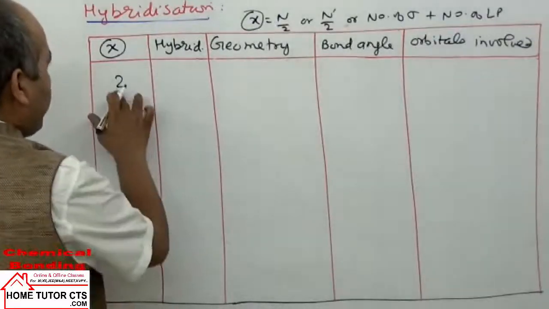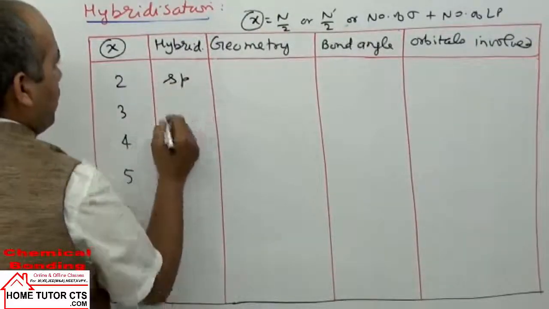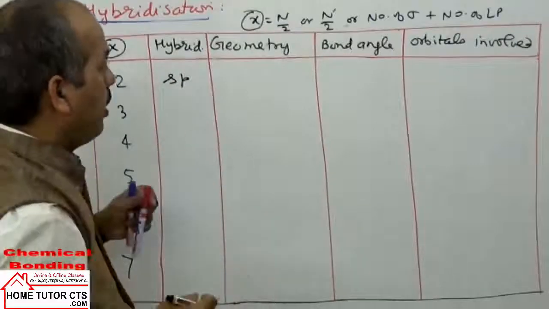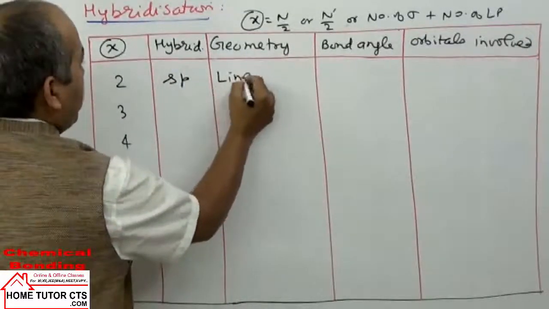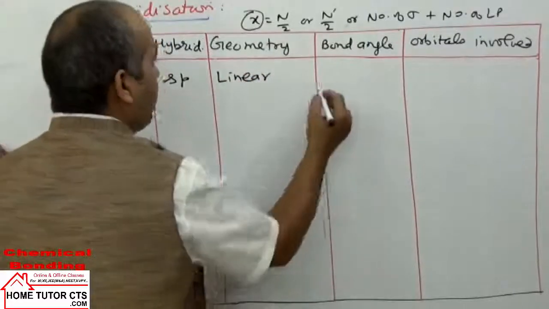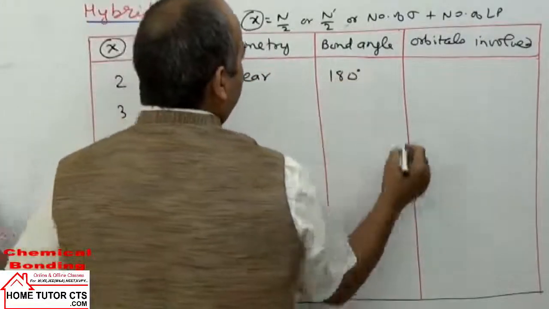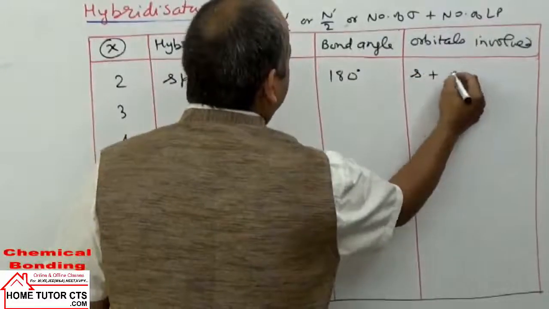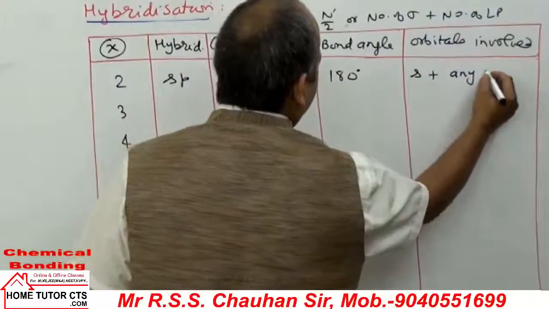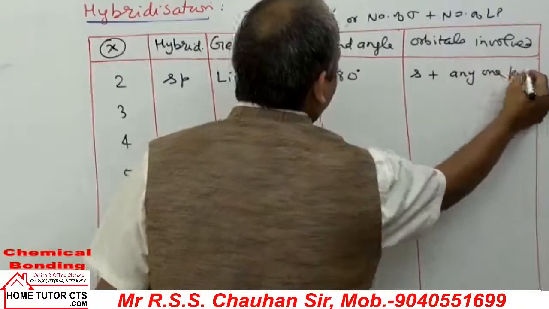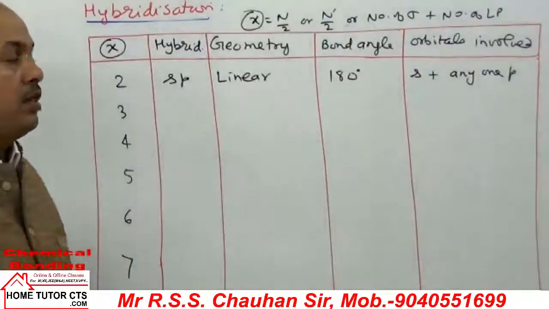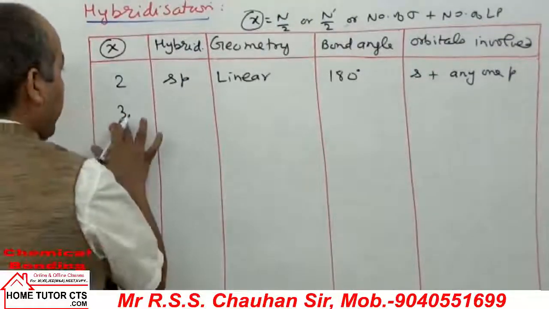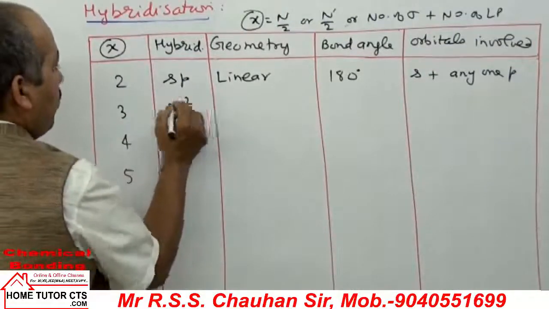Hybridization for x equal to 2 is sp, involving one s orbital and one p orbital. Geometry in this case becomes linear. Bond angle becomes 180 degrees. It involves one s orbital and any one p orbital. Then when we take 3, this indicates sp2 hybridization.